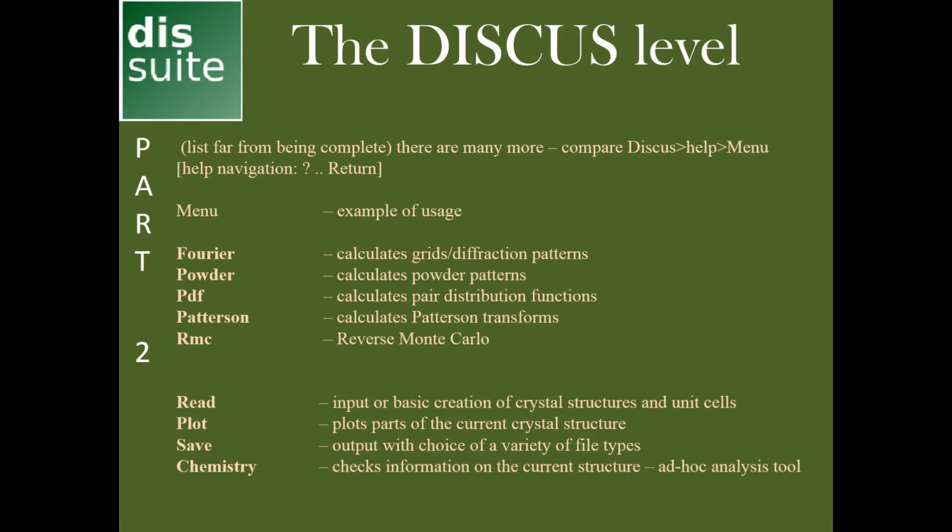You really should look at the workshop macros or do the workshop ones so that you feel familiar with those big submenus like the Fourier, the Powder, the PDF, the Patterson, or the RMC submenu in DISCUS. However, there are also smaller submenus which are really important though, which is the read, the plot, the save, and the chemistry. That's really basic knowledge and you should go through them at least once.